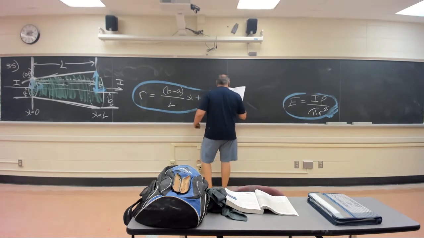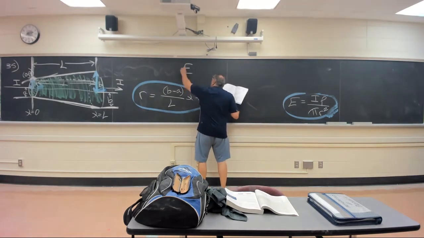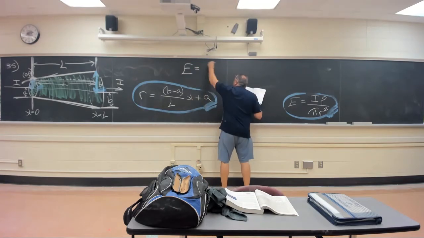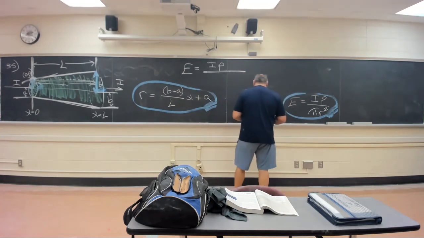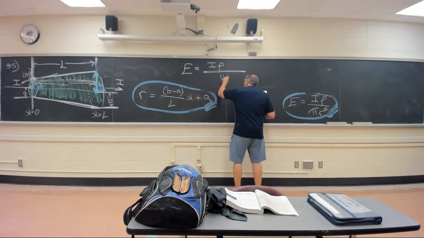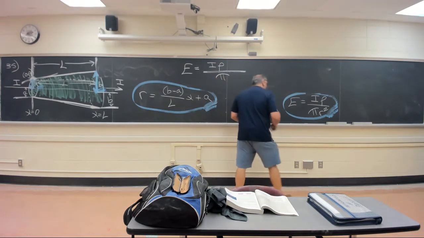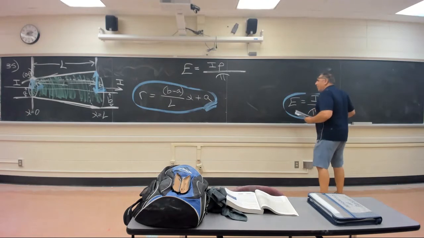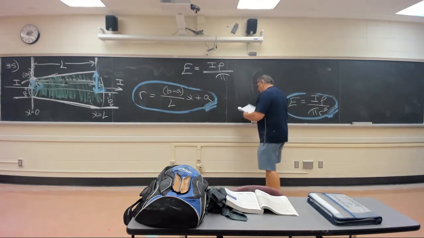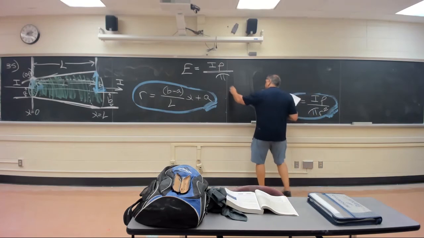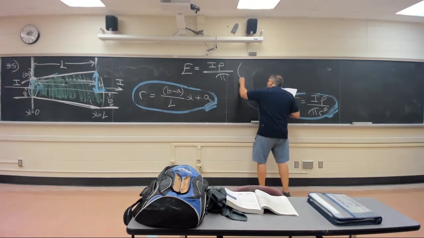What does that mean? Well, E equals I rho over pi r squared. Here's pi, and the way I wrote it, I think the way they would write it in other places as well, just to play it safe, maybe it's a little easier to look at. Pi is this.